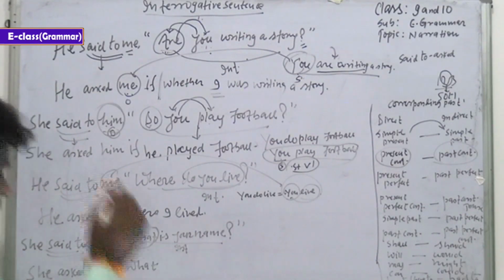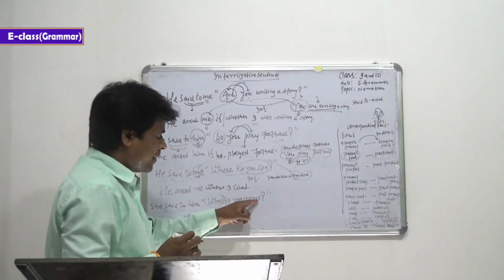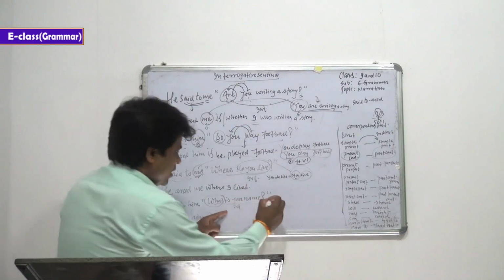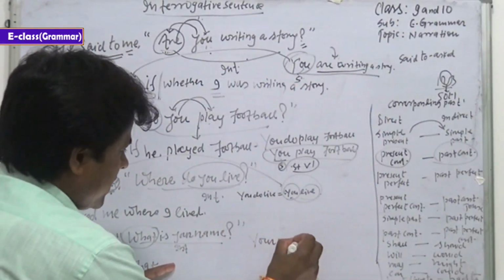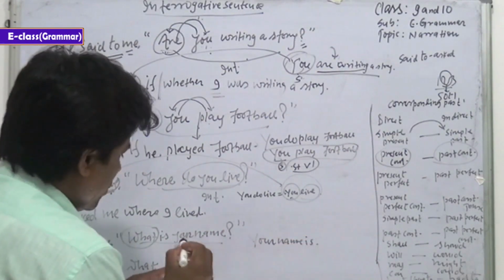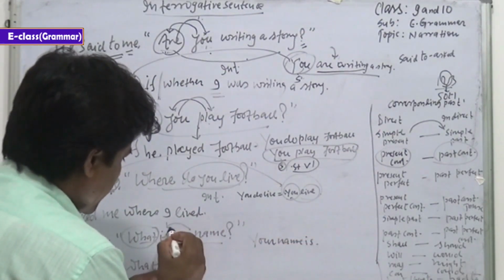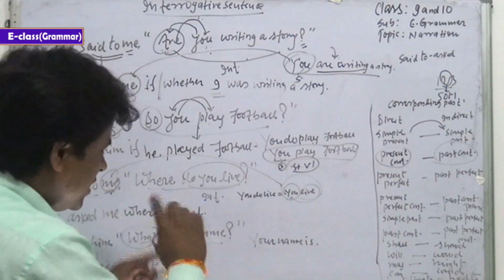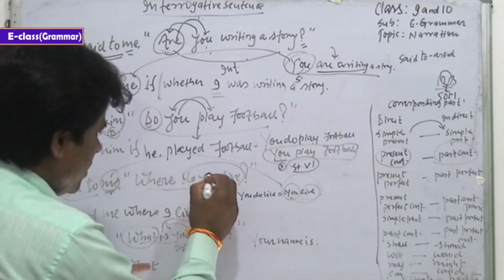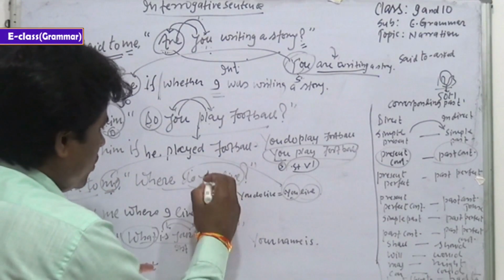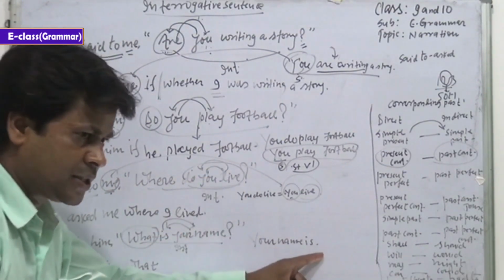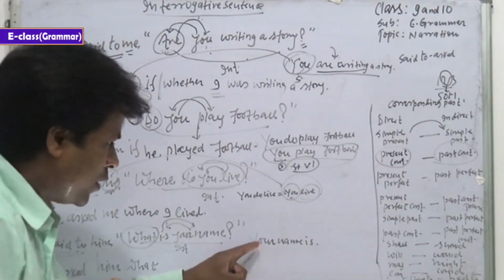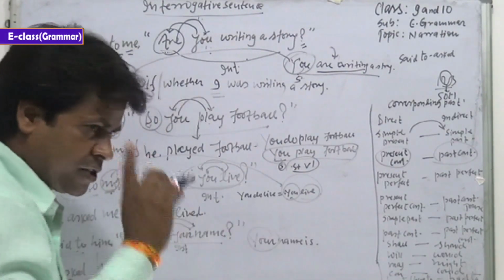What? Now, what is left here? Is your name. Change into a statement. Its statement is: your name is. See here, your name comes here, is goes here. We'll interchange their places. Similarly here also. You I'll leave. See here. Your name is. Is it clear? Now your name. Your means second person possessive.